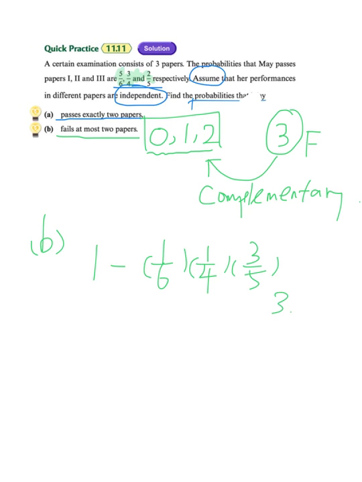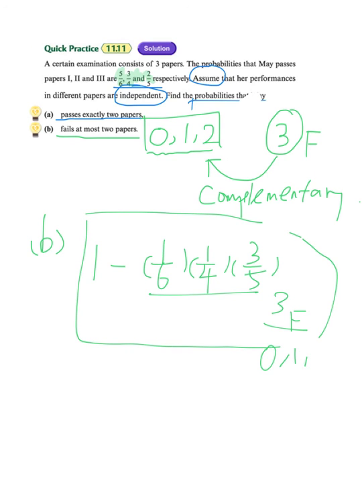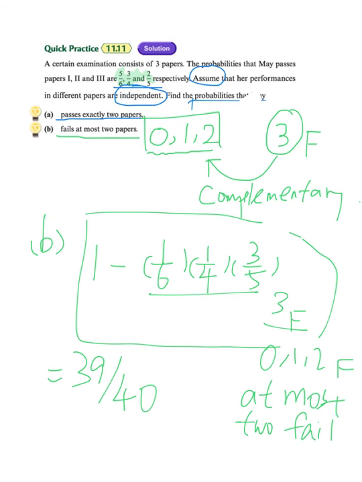So this is the probability that all 3 fail, and then 1 minus it will become the 0, 1, 2 fail probability. That means the probability that at most 2 papers fail. So that will be equal to 39/40. That's for QP 11.11.